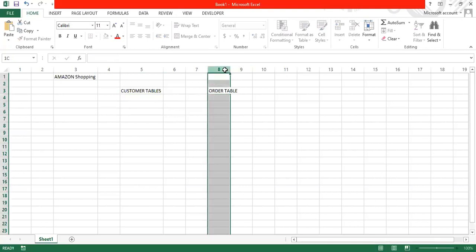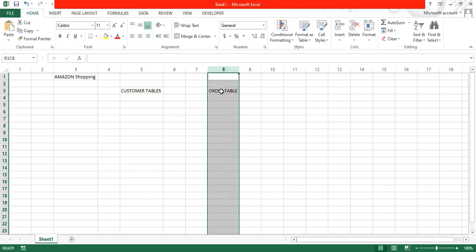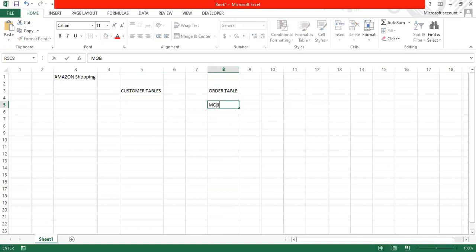Now the order is placed for one of the products. Let's say he is trying to purchase a mobile, so he wants to place an order for a mobile. For this particular product, I need to have a table, right? So I'll create a table called mobiles.